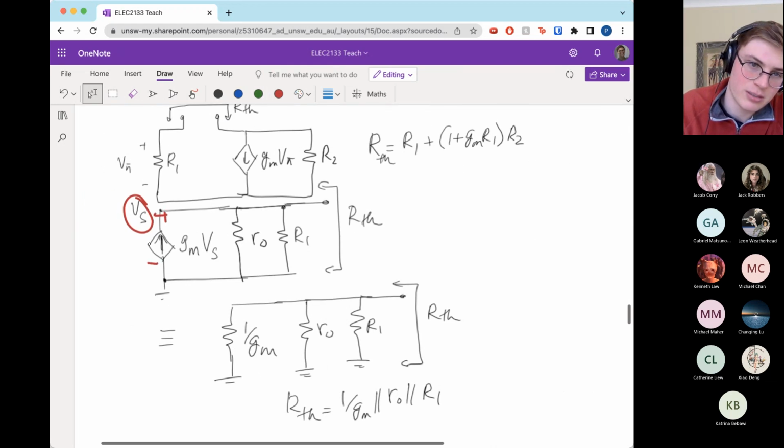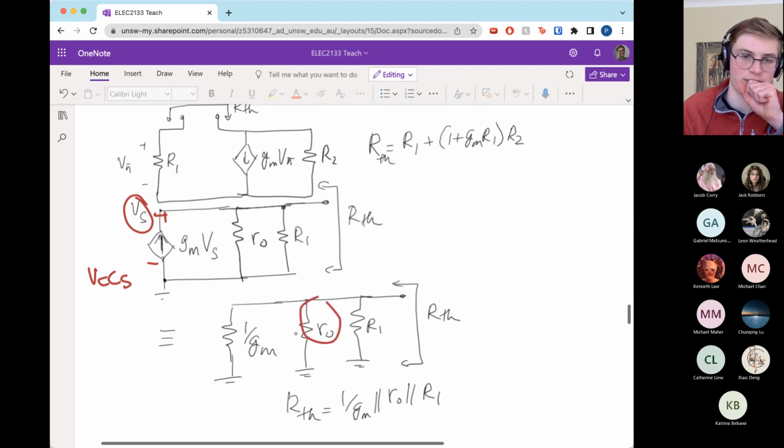Across this voltage dependent current source, VCCS, you can think of a resistor as a voltage controlled current source as well, right? So essentially this is the same as a resistor.